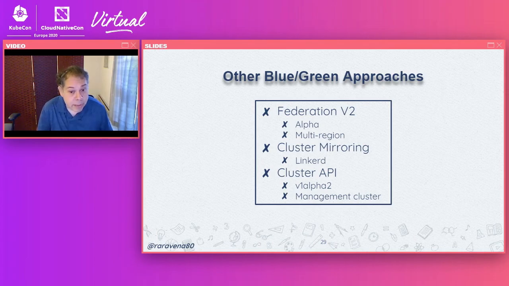And obviously, Cluster API, a widely used project from the Kubernetes community that allows you to manage Kubernetes clusters using a Kubernetes cluster. So you can manage your whole fleet using Kubernetes itself.